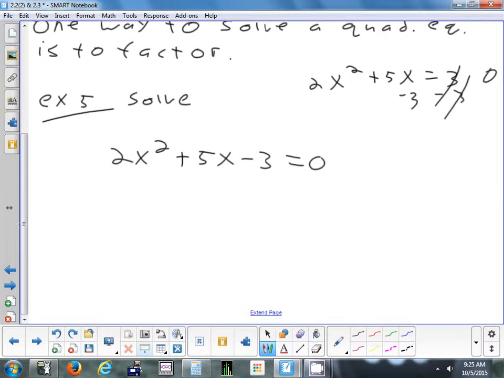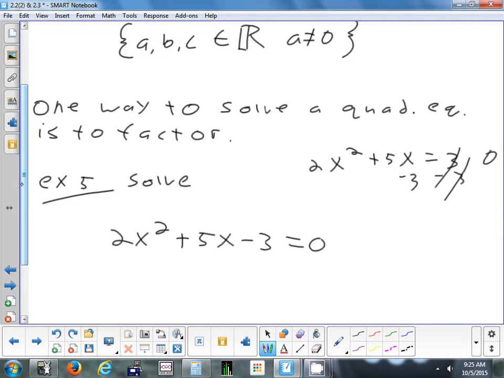Okay, and when we factor it, how many sets of parentheses do you need? 2 sets, yep. Now your first terms, you've got to pick 2 things that would multiply together to give you 2x squared. So 2x and x. The next thing, you look at your signs.